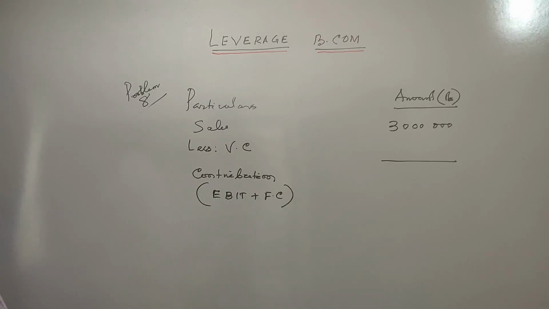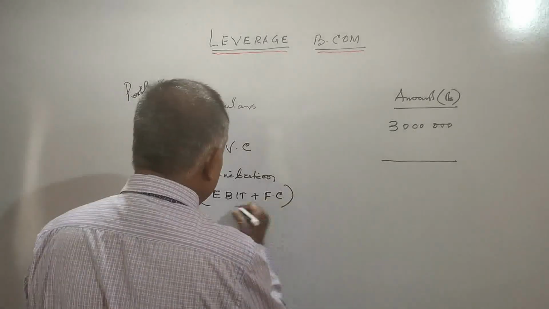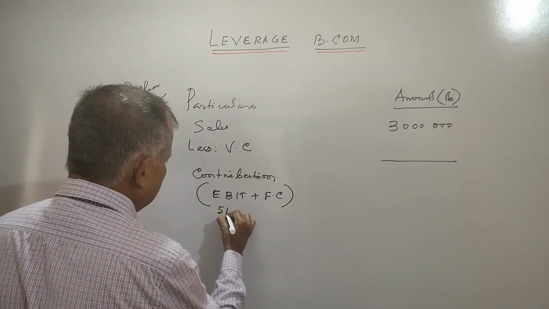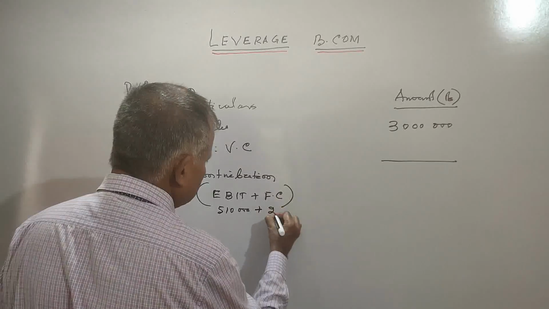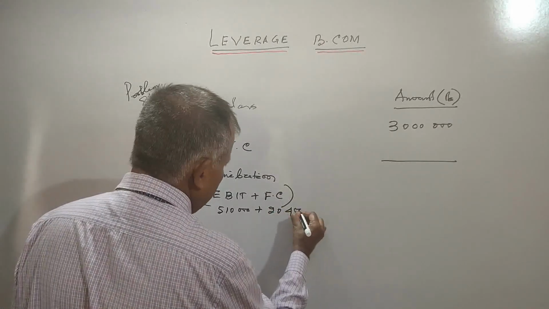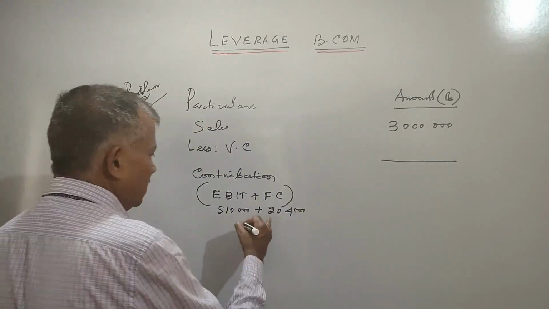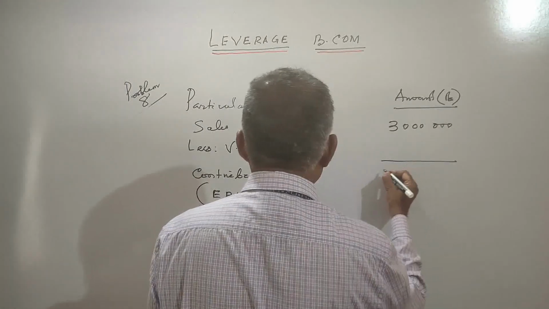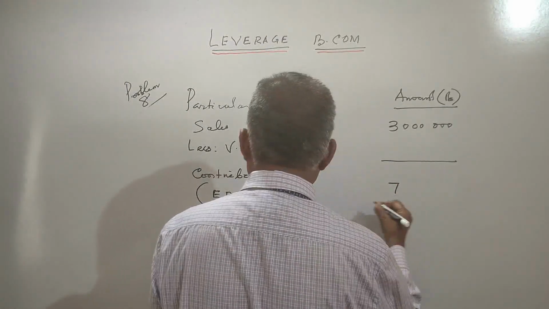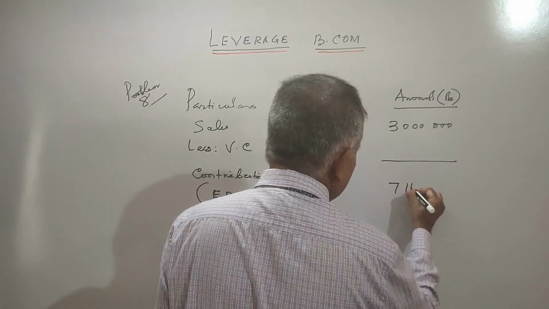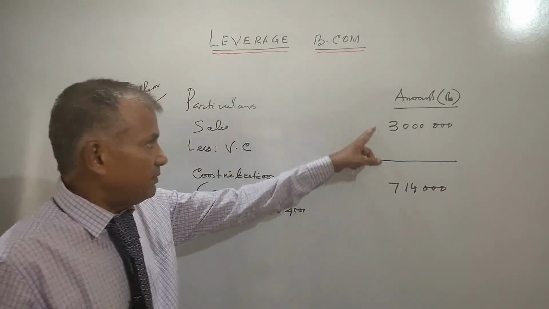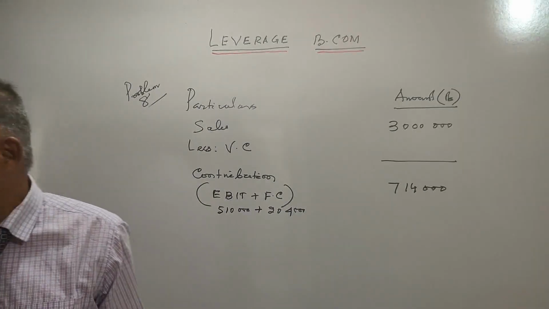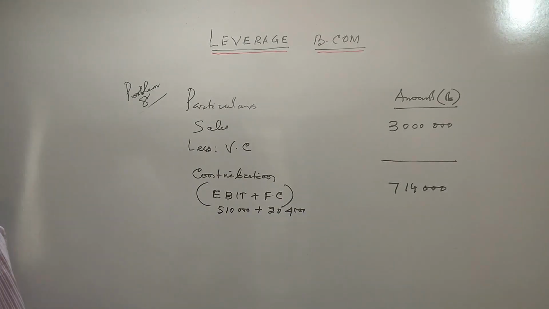So we can add it: 5,10,000 plus fixed cost 2,04,000. So total 7 lakh, contribution is 7,14,000. Sales minus variable cost is your contribution.